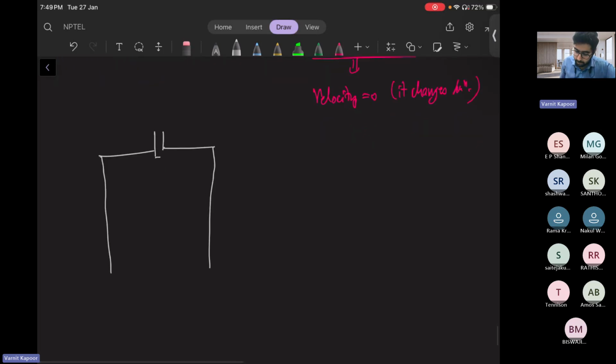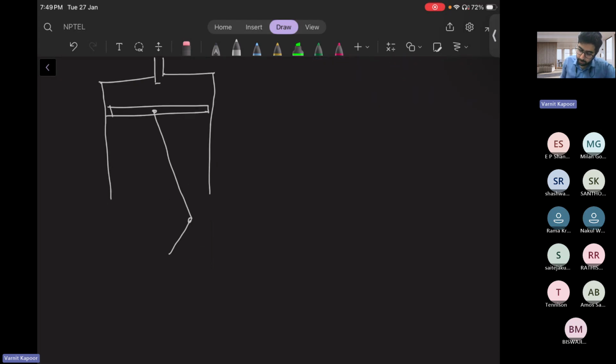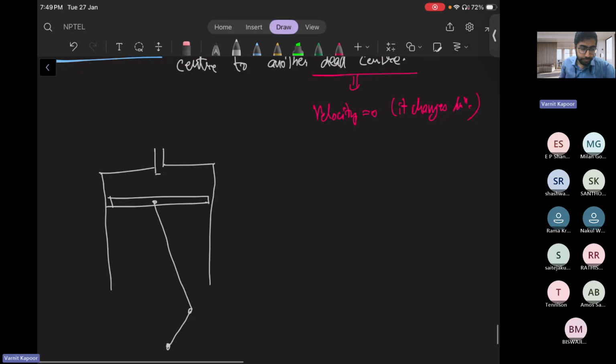This is your piston, this is your connecting rod, crank, and crankshaft. There is some volume here. Suppose this is your top dead center, with some gap kept, and this is your bottom dead center.